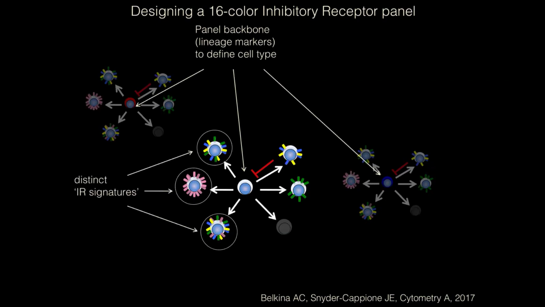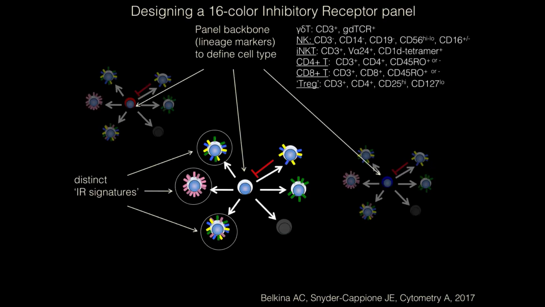So we worked out several combinations of inhibitory receptors that would be relevant to the disease of interest, and all these panel variations would share the same panel backbone that allows us to distinguish the major immune subsets. We applied this panel to a good half dozen studies by now, I think. And today we will be talking about our work with the immune exhaustion signatures in our HIV and aging cohort.